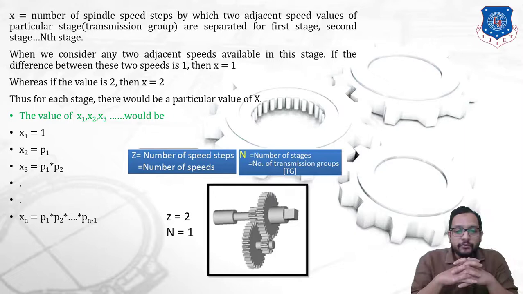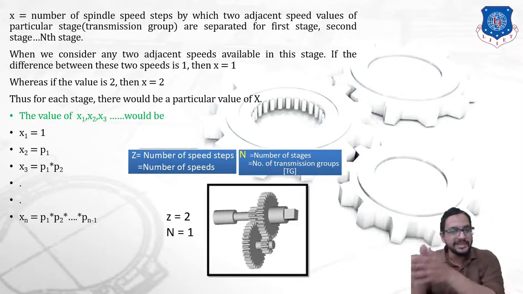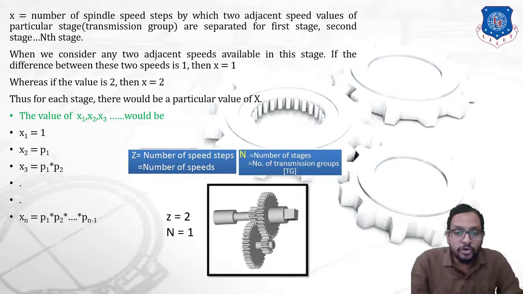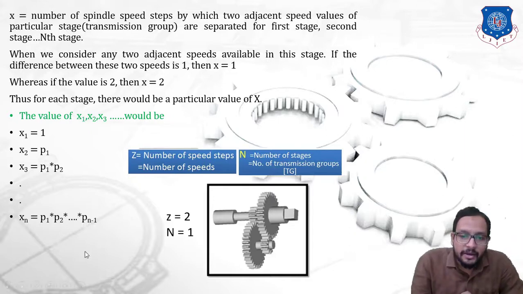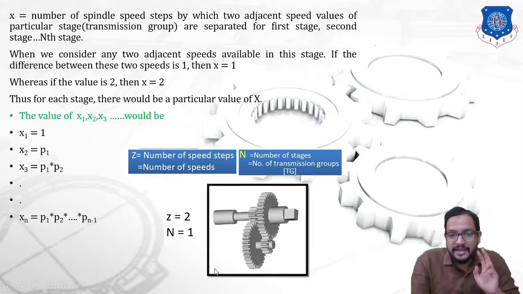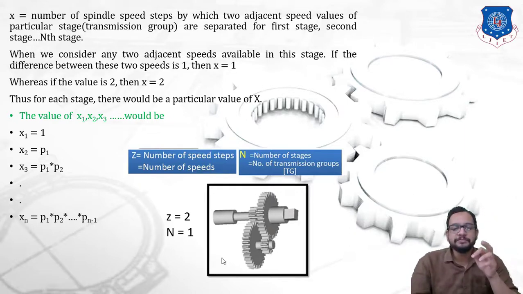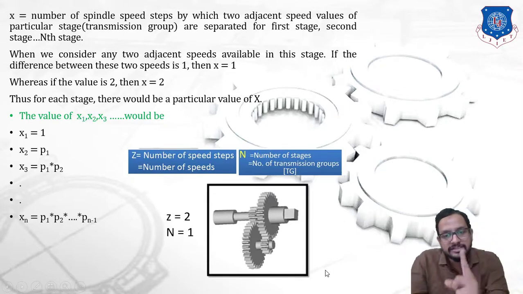Now for example, you can see on your screen I have written Z indicates the number of speed steps available and capital N indicates the number of stages. If I ask how many stages there are in a particular diagram, and how many speed steps are available, you would say that there are two shafts, which means there is one stage.